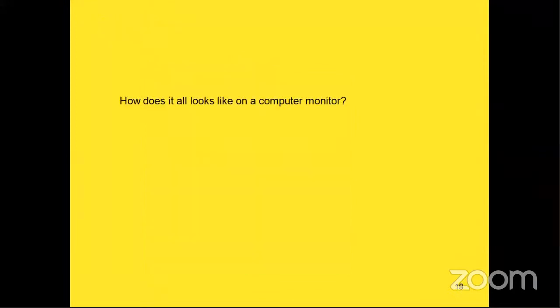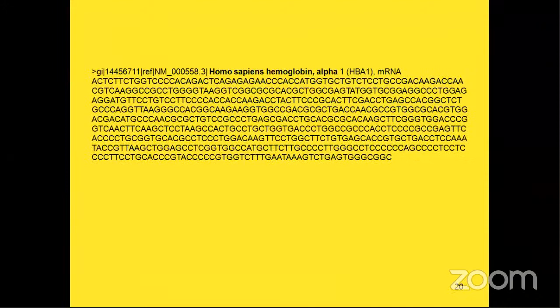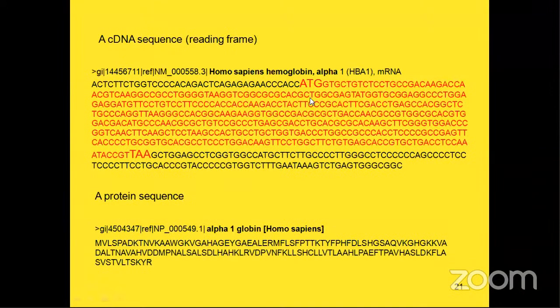Now, how does a computer program read it? A computer program reads the sequence like this, using the single letter code. Now, this red portion is the ORF.